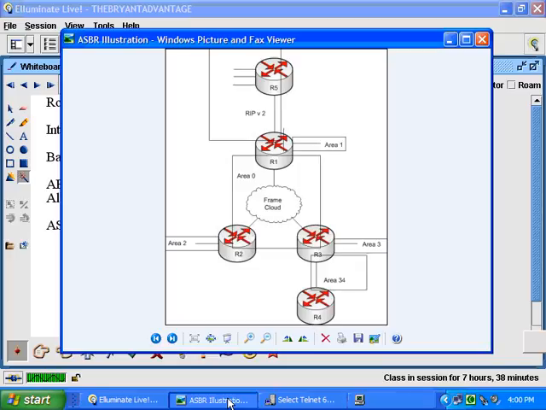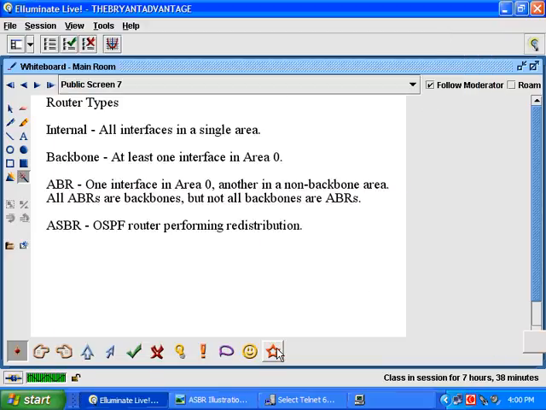Now the two roles that we're much more concerned with are the ABR and the ASBR, because they come into play during route summarization, and obviously the ASBR is very important for route redistribution. But an area border router is a router that has one interface in area 0 and another in a non-backbone area. All ABRs are backbones, but not all backbones are ABRs.